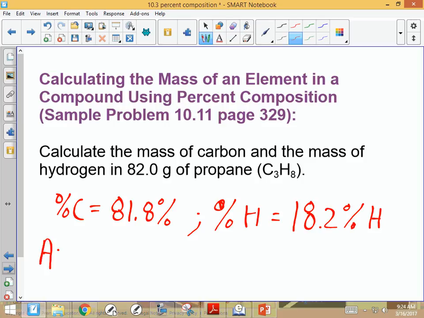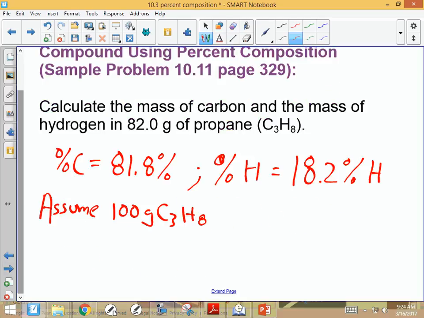Now, using those two things, let's assume that we have 100 grams of propane. And if we make that assumption, then we'll have 81.8 grams of carbon in that 100 grams of propane.